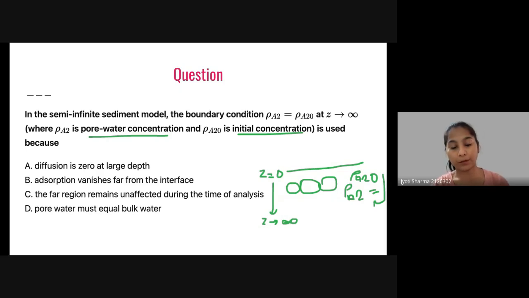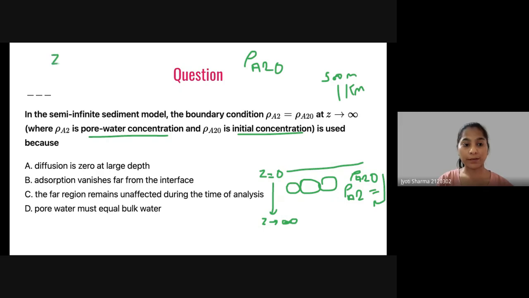Because initially, let's say our concentration is rho A2 0, right? Initially our concentration of A in the pore water is rho A2 0, but because z is far away, let's say 500 meters or 1 kilometer away from the interface, it means, and what we learned, that we have an assumption that we have the equilibrium condition at every place.